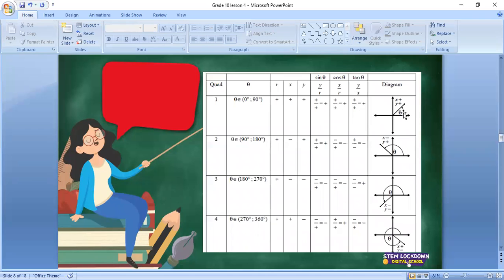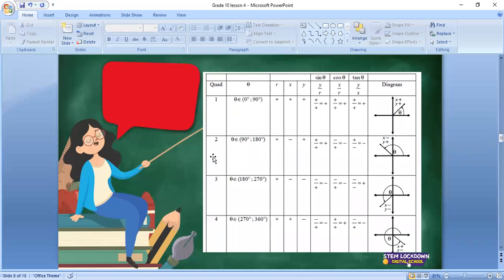This is our first quadrant. All three ratios are positive. So any angle between 0 and 90, if you find the sine of it, the cosine of it, or the tangent of it, they will all give you positive answers.